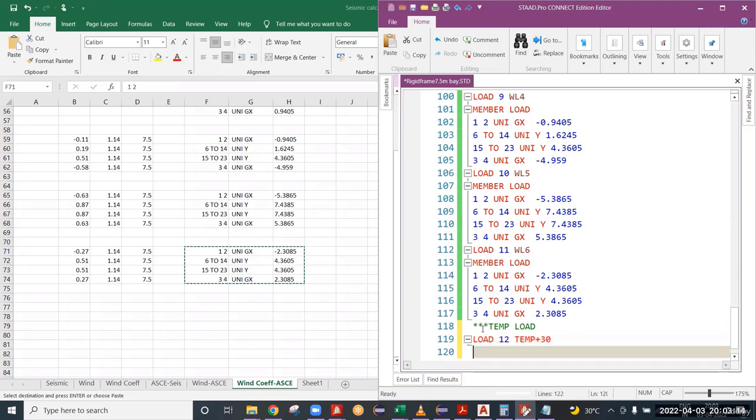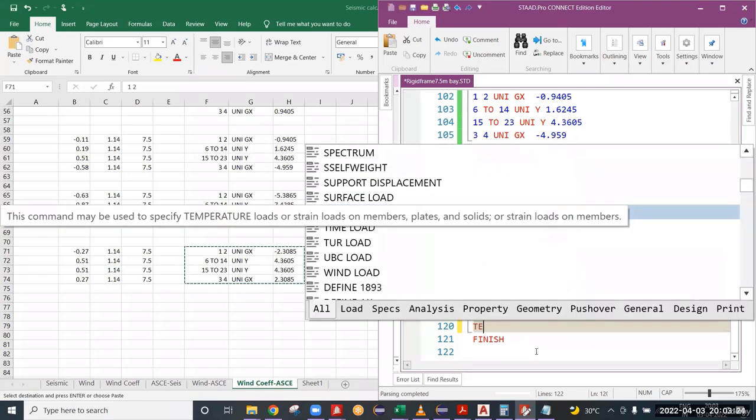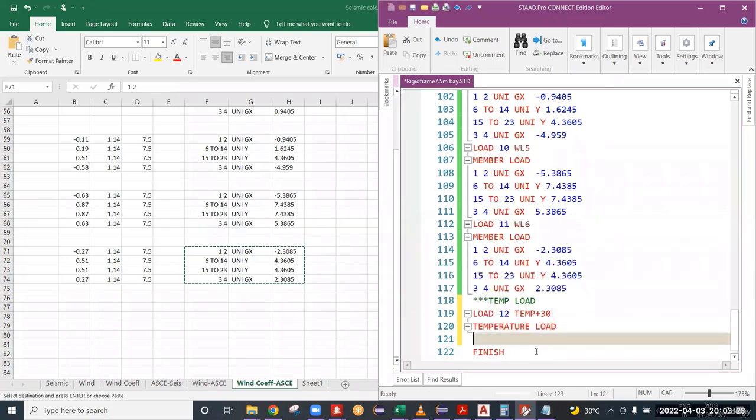I'm applying plus. This is just the name, like wind load 6, wind load 5. The syntax lets us directly apply temperature in degrees Celsius.